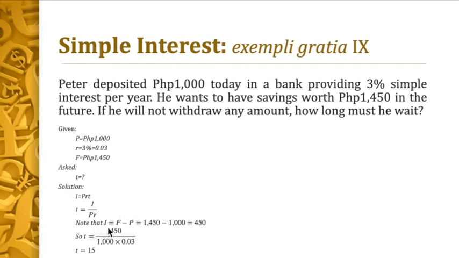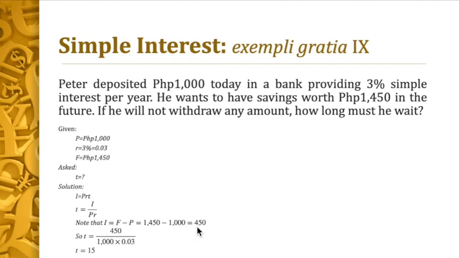Note that I equals F minus P, because we know that F equals P plus I. So using some algebra, we can transpose to I equals F minus P, which is equal to 1,450, your future amount, minus your principal, which will render the amount that was earned.